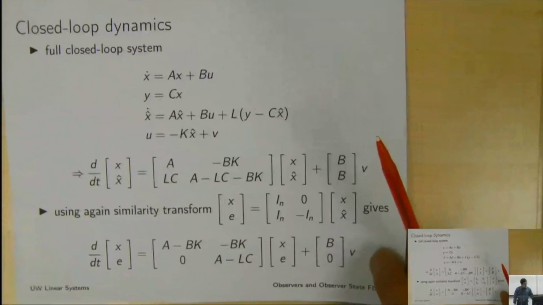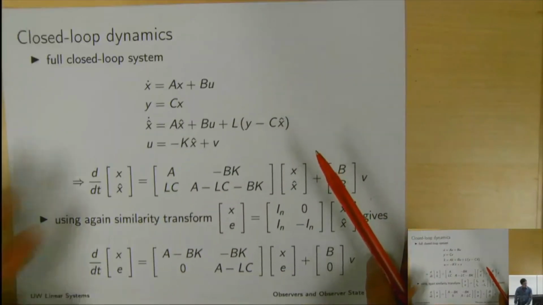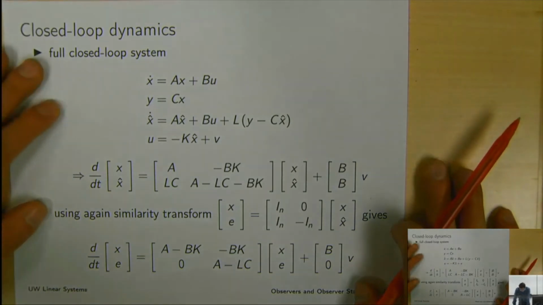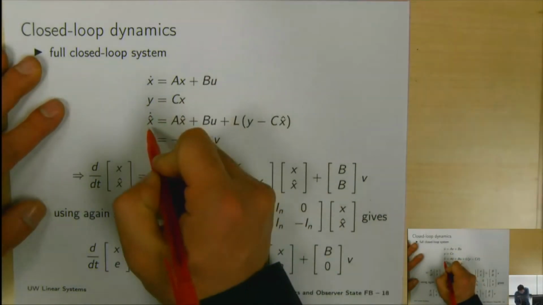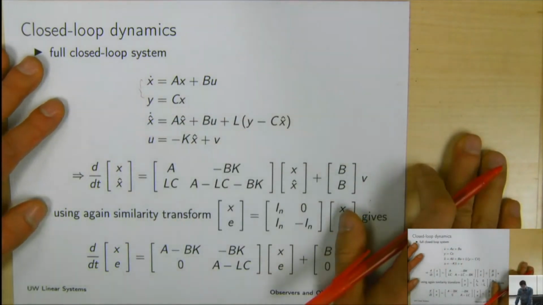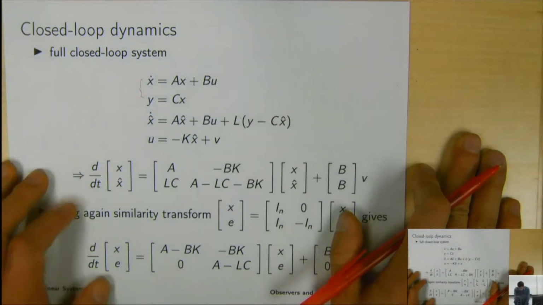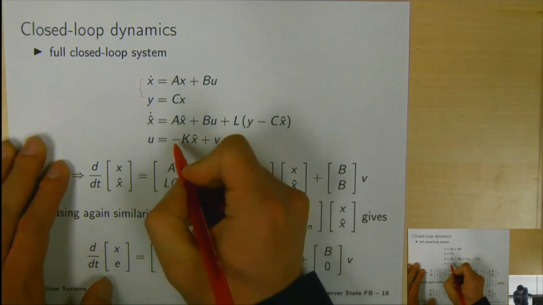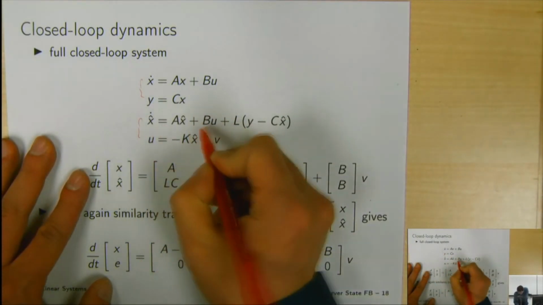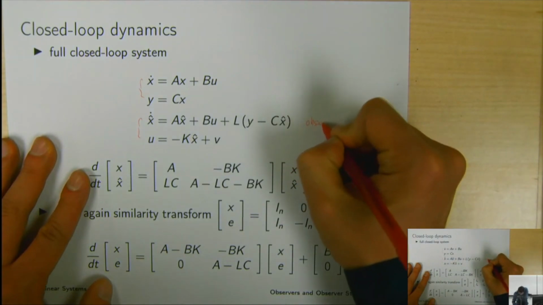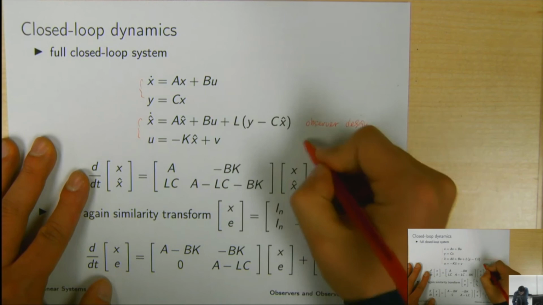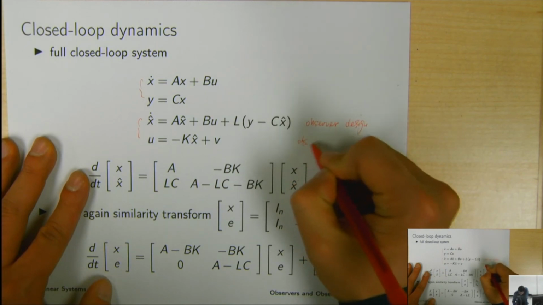So the full closed loop system now becomes, so this is original system, x dot equals Ax plus Bu, y equals Cx. The design includes two steps: the observer design and observer state feedback.